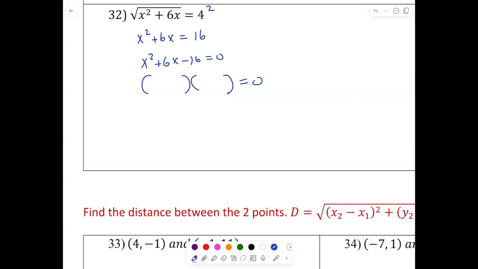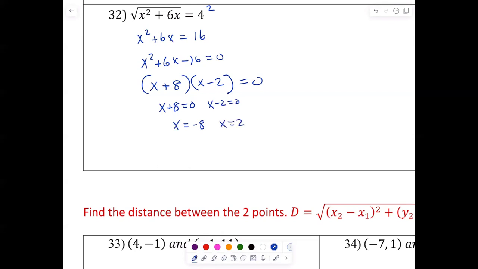So how do I get x squared? X and x. Factors of 16 that make 6. 8 and 2. What kind of 8 and what kind of 2? Positive 8, -2. So x plus 8 equals 0. X minus 2 equals 0. So x equals -8. X equals 2.